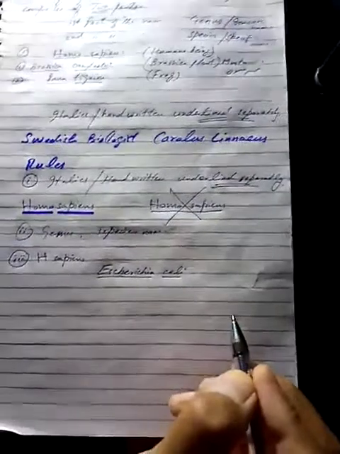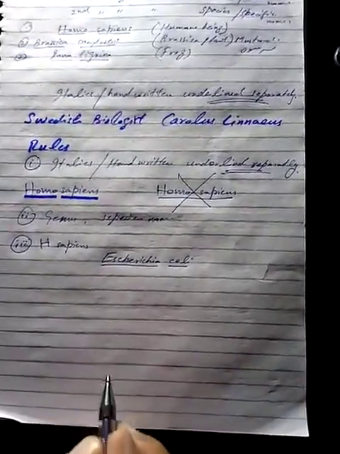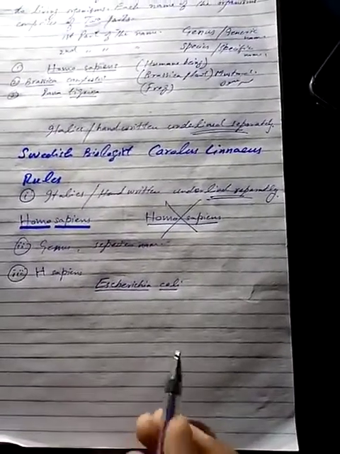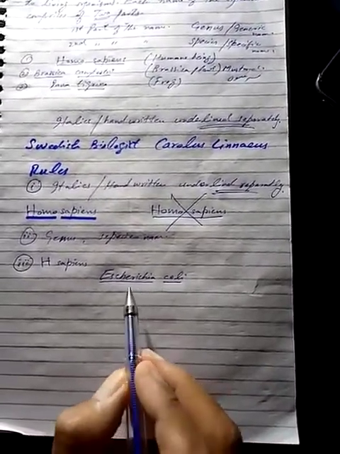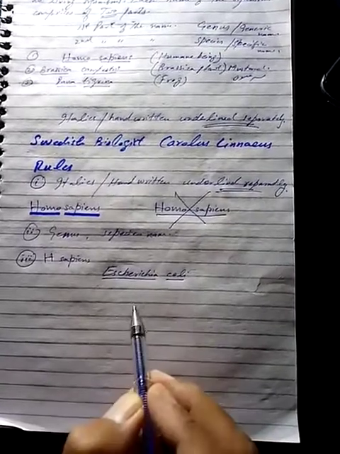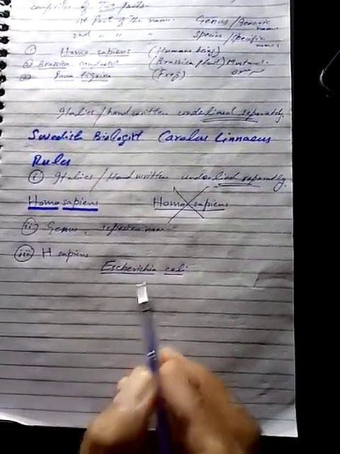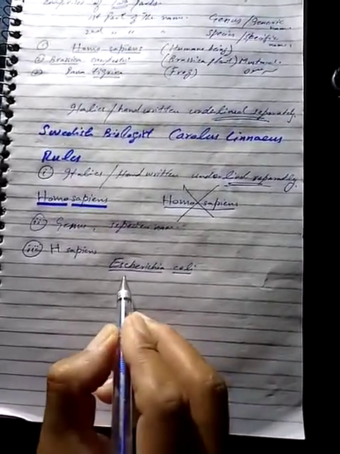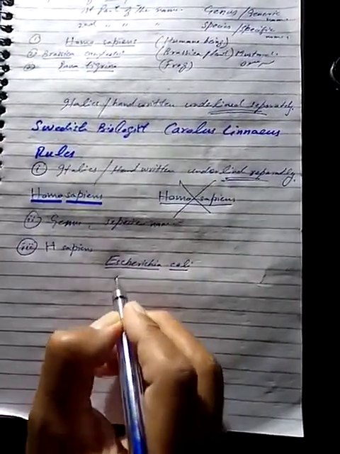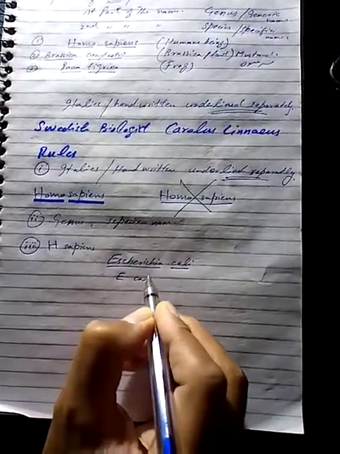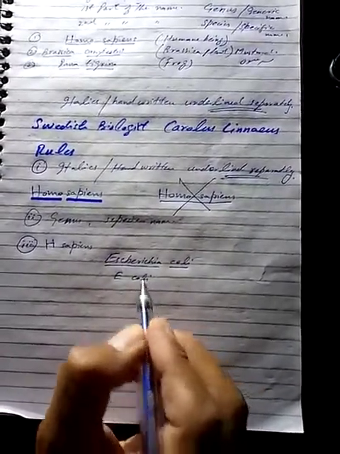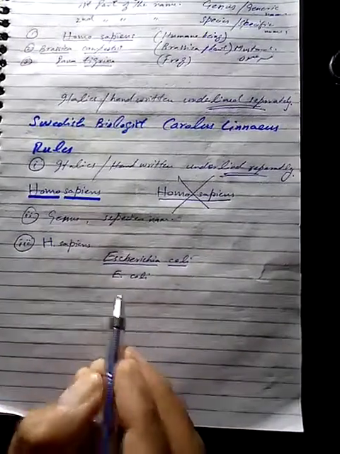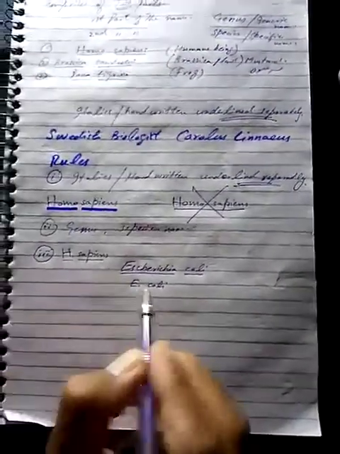If there is a need to write down this name once or twice or thrice in a paper, in a book, in a topic, first I will write the complete name. Then when I repeat this name a second time, third time, fourth time, even the 10th and 100th time, there is no need to write down the full name Escherichia coli. It should be written as E. coli. That is enough. There should be a full stop after the E. Clear?